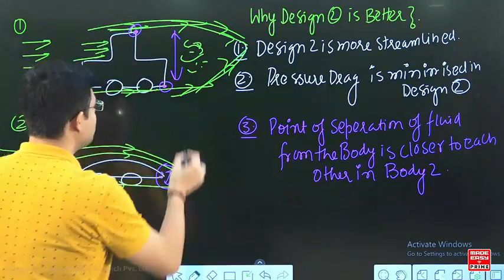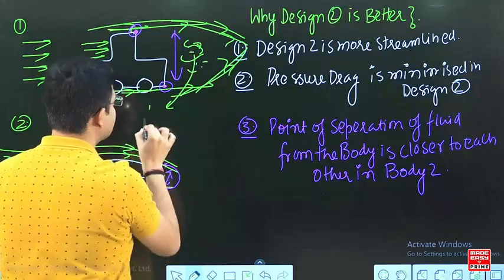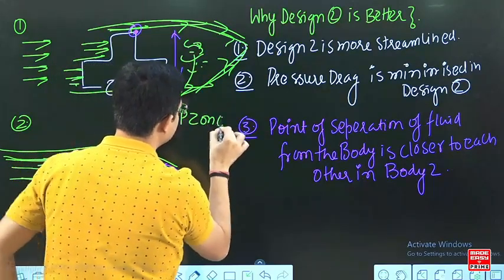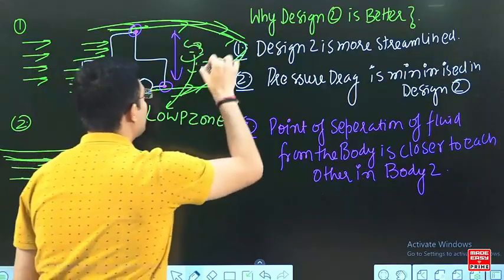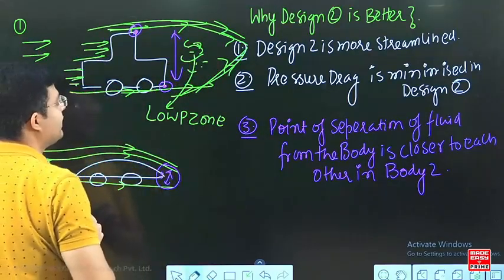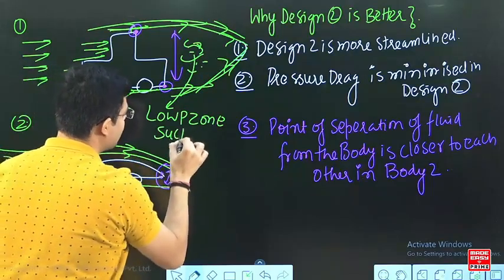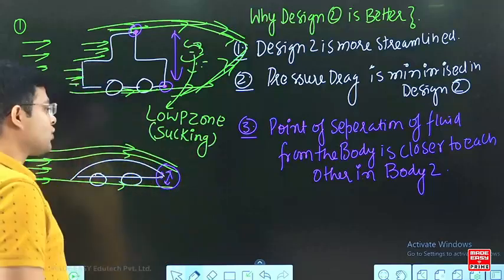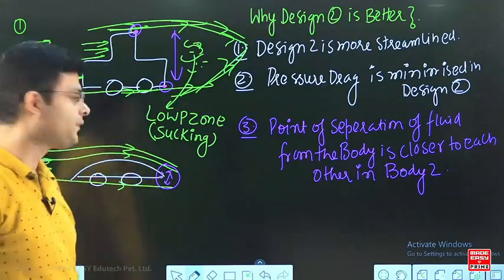Due to this, if fewer molecules are there just behind the body, this will create a low pressure zone behind the body, because molecules create pressure. And if there is a low pressure zone behind the body, there is going to be a sucking effect.